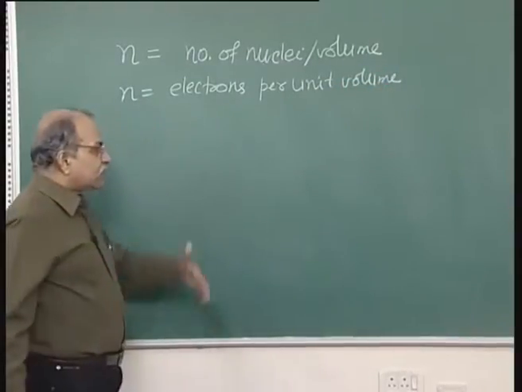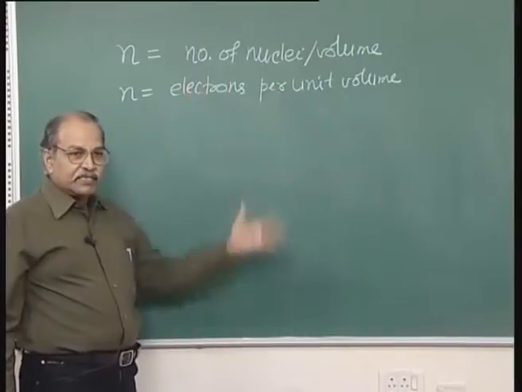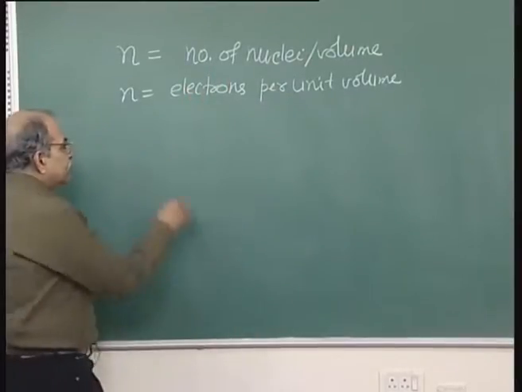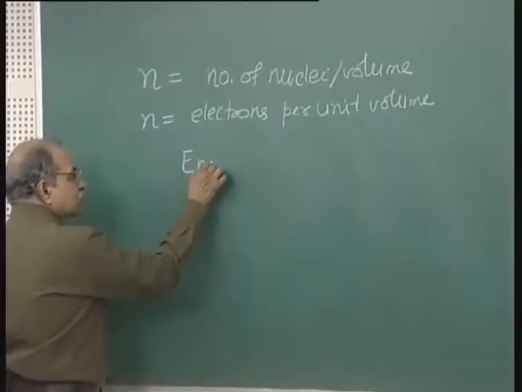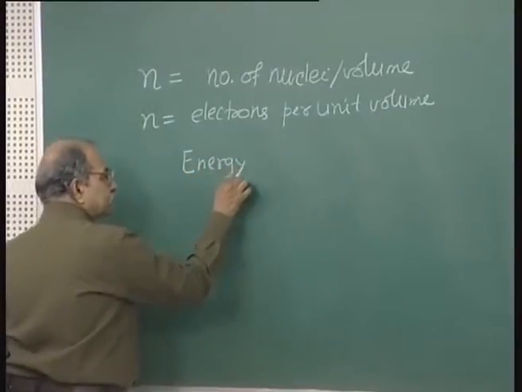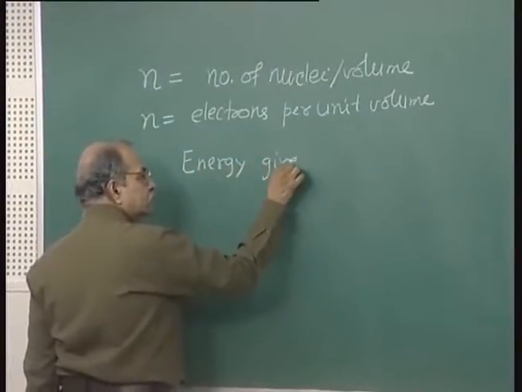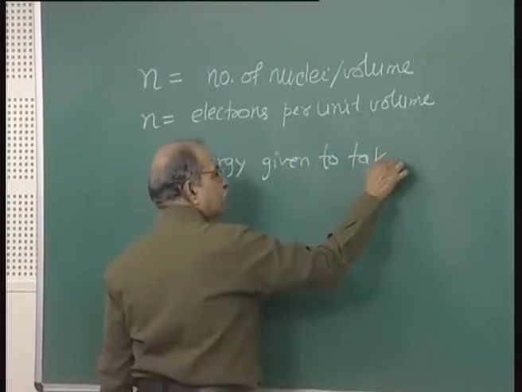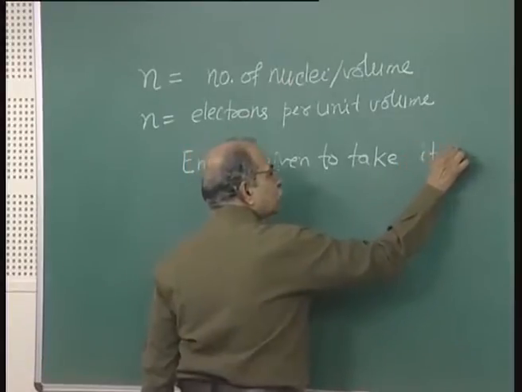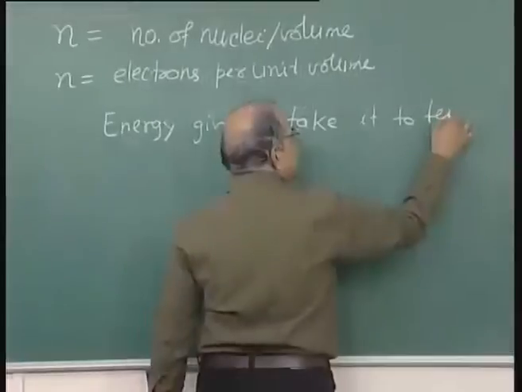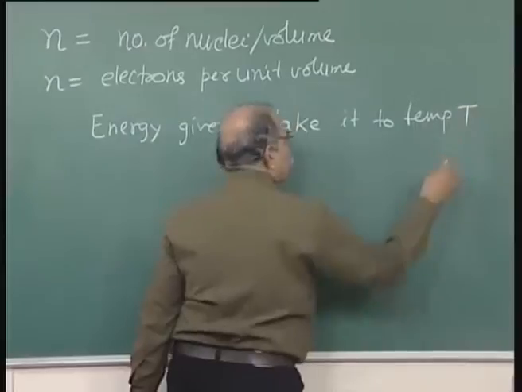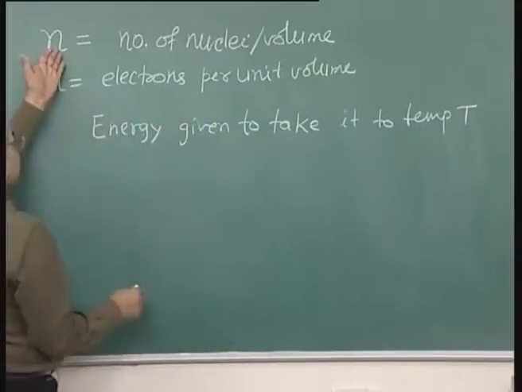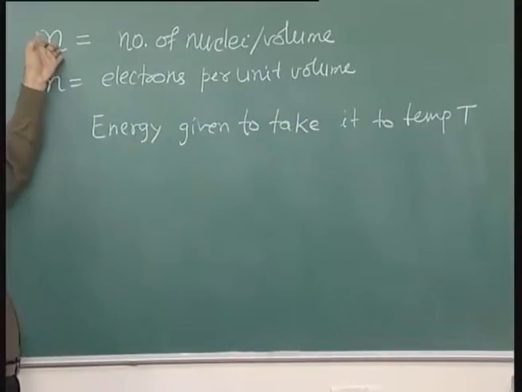And if the temperature rise is capital T, then the energy which is given to take it to temperature T will be 3/2 nkT for the nuclei, 3/2 nkT for the electron.